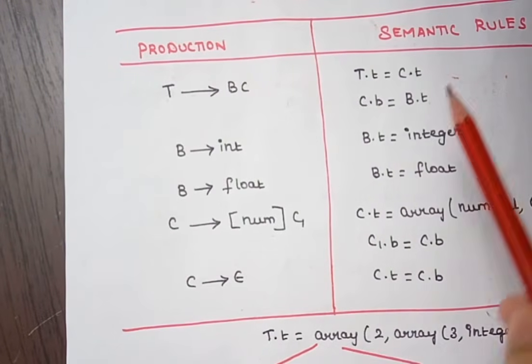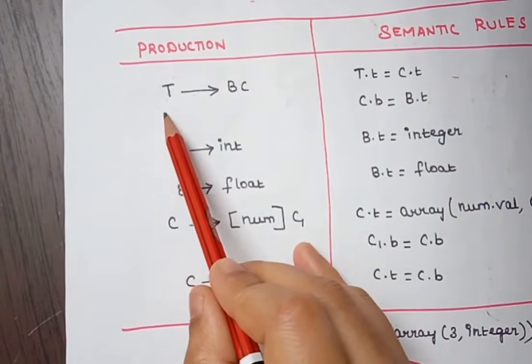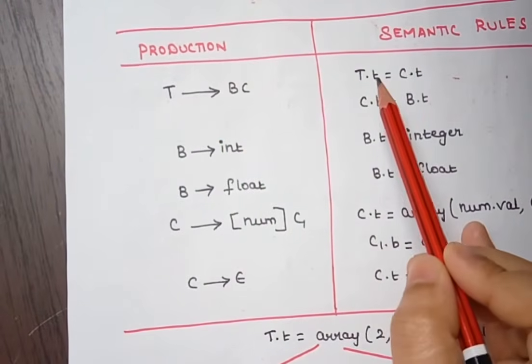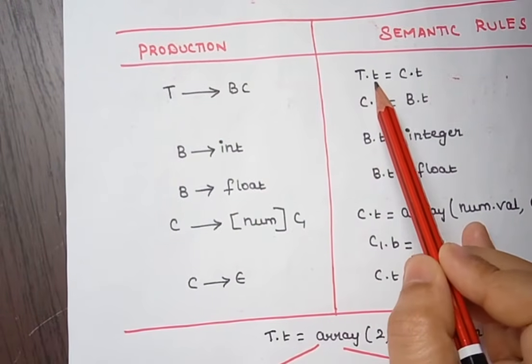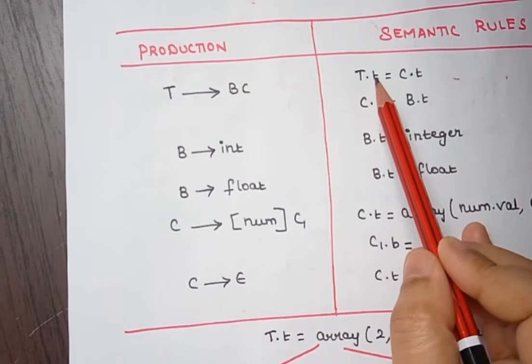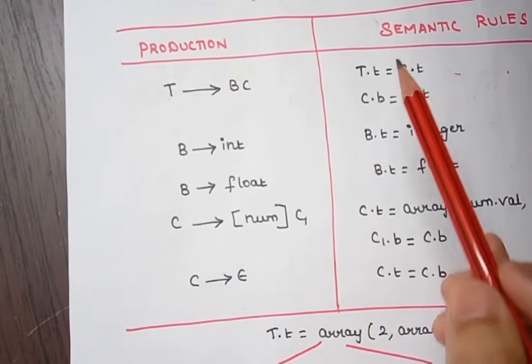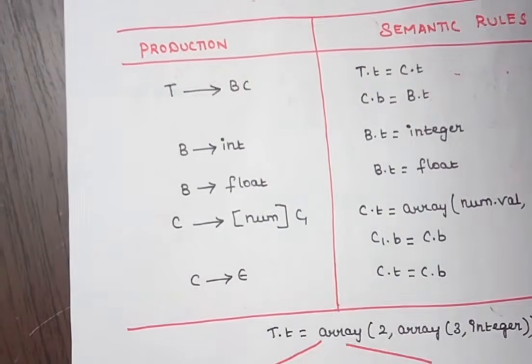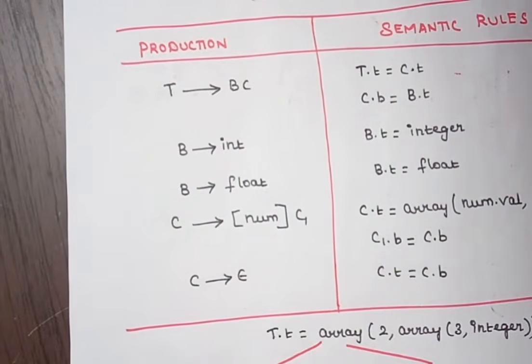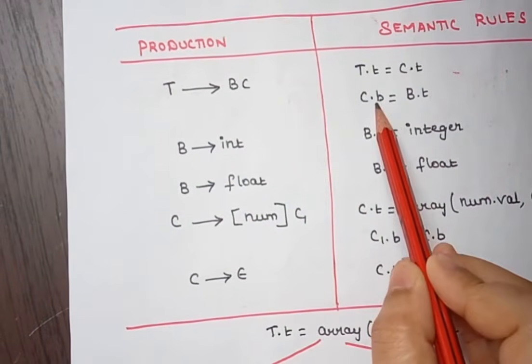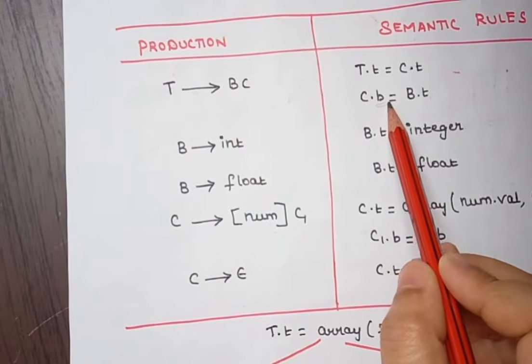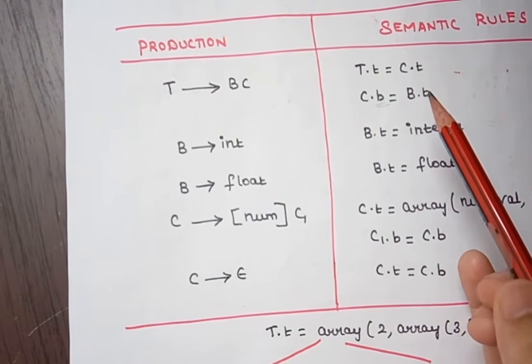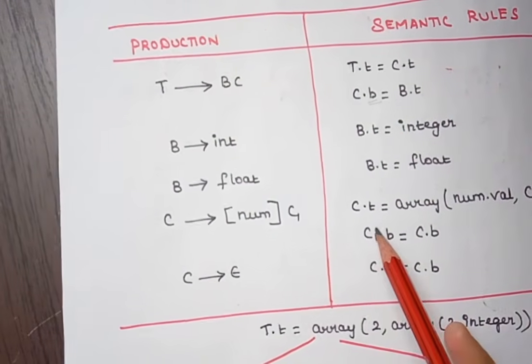So here the non-terminals B and T have a synthesized attribute, which can be represented as dot t, and the non-terminal C has 2 attributes here. One is the inherited attribute, which is represented as b, and the next one is the synthesized attribute, which is represented as t.